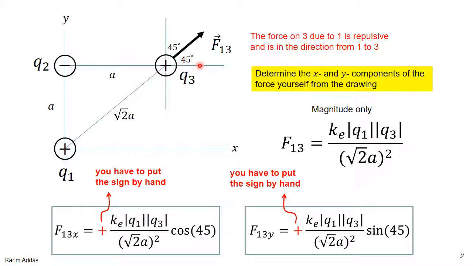So it's a very simple problem of getting components of a vector. So you put the magnitude, multiply by cosine 45 to get the x component, and you put the positive sign yourself by hand because you know it's going to be in the positive direction. For the y component, you get the magnitude, you multiply by sine 45, and then you put the positive sign yourself by hand. So now we got the force on 3 due to 1.